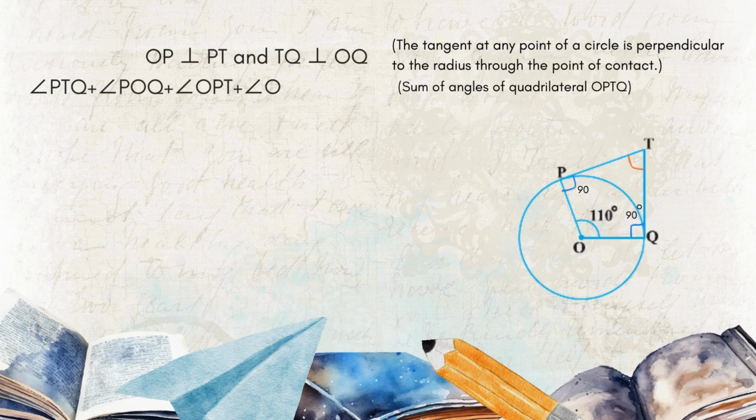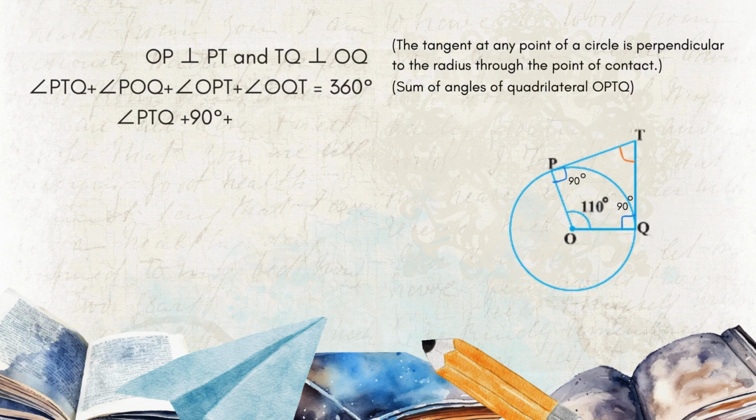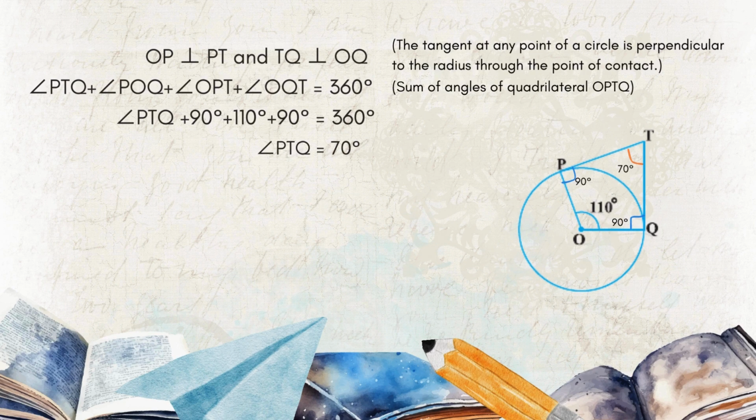Also, angle PTQ plus angle POQ plus angle OPT plus angle OQT would be 360 degrees because sum of angles of a quadrilateral is 360 degrees and OPTQ is a quadrilateral here. Substituting the given values, we get angle PTQ is equal to 70 degrees.